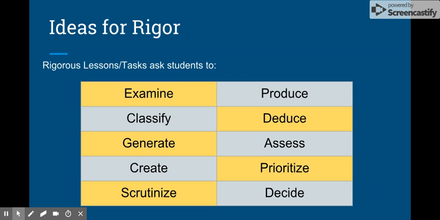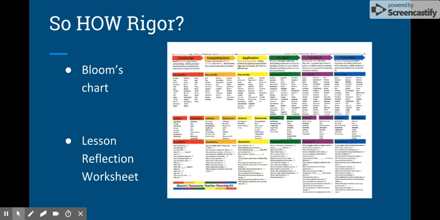Some ideas for rigor. Rigorous lessons and tasks ask students to do things like examine, classify, generate, create, scrutinize, produce, deduce, assess, prioritize, decide. Really, all those verbs that we think about when we look at Bloom's and we think about moving up to higher level thinking skills.